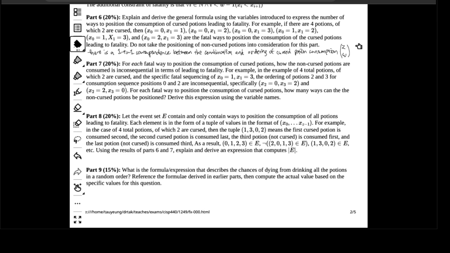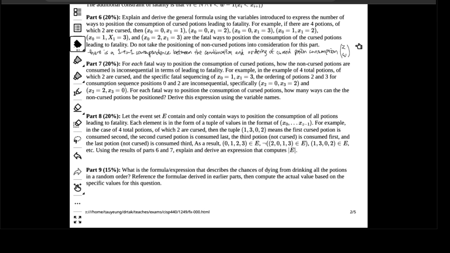Now that is a one-to-one correspondence because a set cannot contain duplicate elements, and integers or natural numbers are fully ordered. So as a result, we can always look at each set and then convert it into a unique tuple, and it's a one-to-one correspondence. So that's how we answer part six.